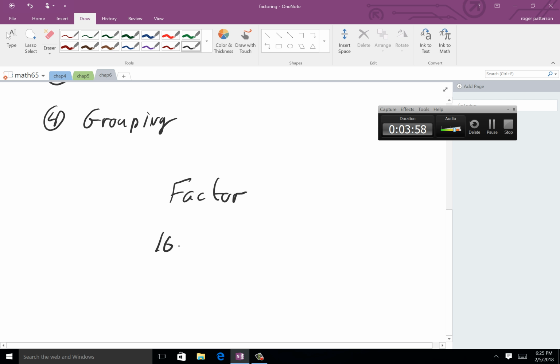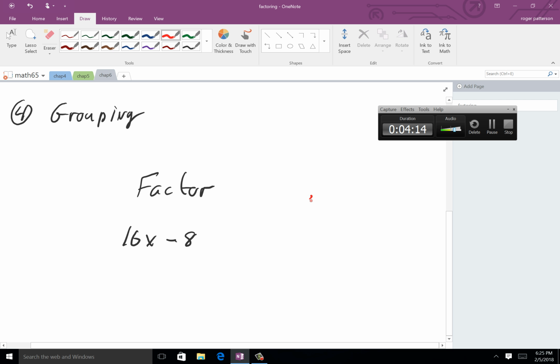And let's start off with something like this. We're going to factor something like that, and we're going to use the strategy of taking something out. I'm going to switch gears a little bit and go to red and talk about something like this. That's what we had in the last chapter, and even what you've had previously, and the whole idea was to simplify it or multiply it.